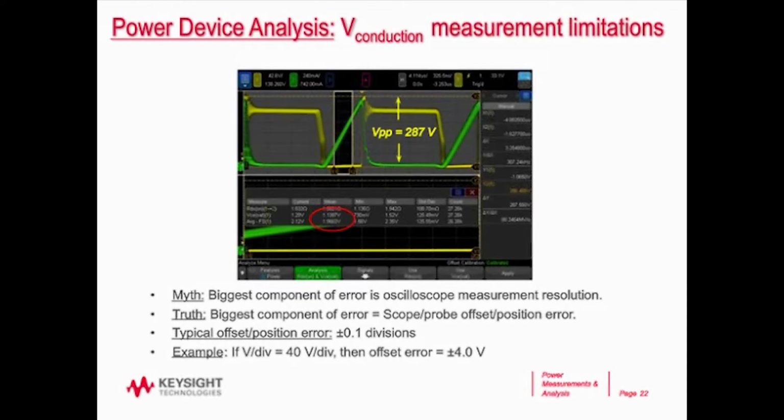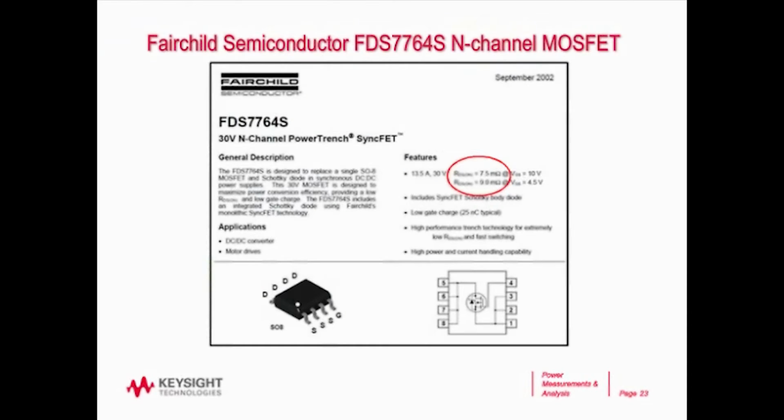My recommendation is to actually get the specification out of the device data sheet of what is RDS on, and here you can see one for a particular power transistor from Fairchild, and you can see it's a very low value. It ranges from 7.5 milliohms to 9 milliohms. As I showed earlier, you can measure RDS on and then use that value, or you can also directly enter the value of RDS, and this is how you're going to get your most accurate measurements.